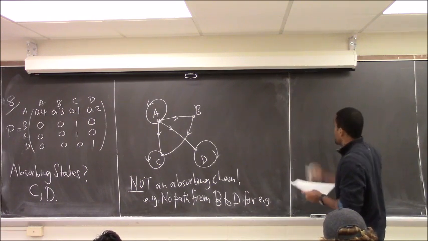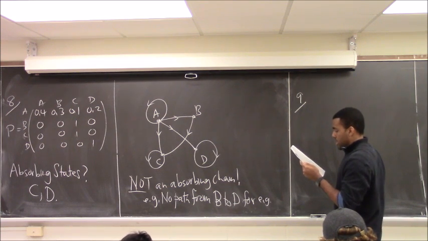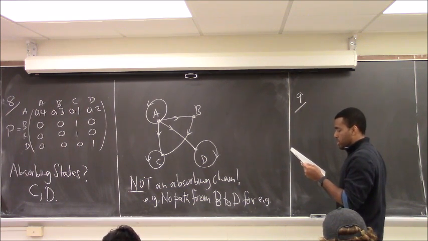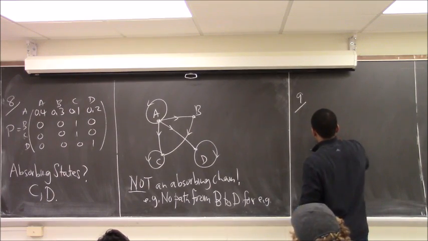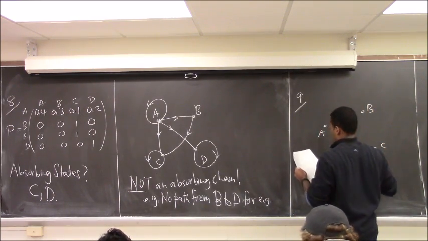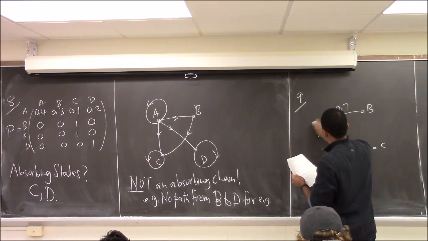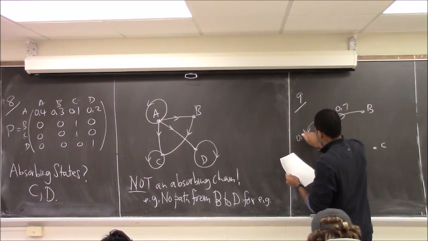Let's see here, 9. Identify the absorbing states for the diagram and determine whether it represents an absorbing chain. So here we have A, we have B, we have C. A goes to B, 0.7, A goes to itself, 0.3.